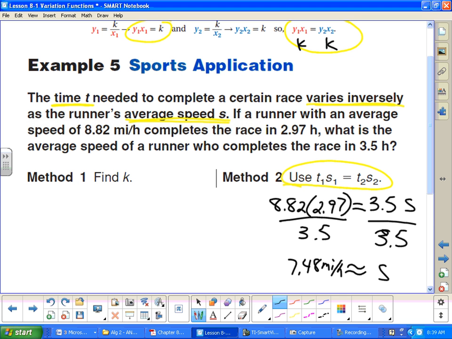So here's a big question for you. How far did they go? How far did they travel? Well, let's see, they're running, so how far did they run? 26.18. How did you get that?